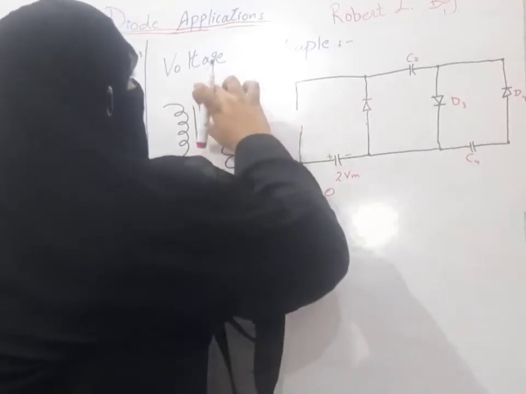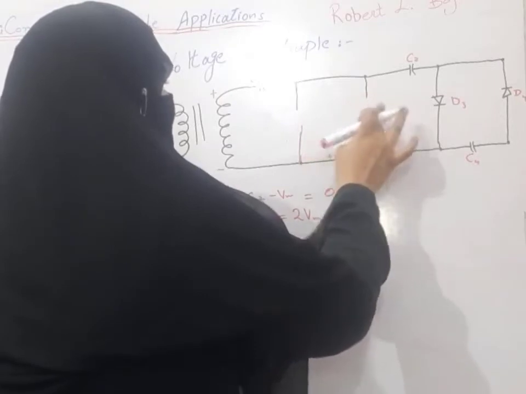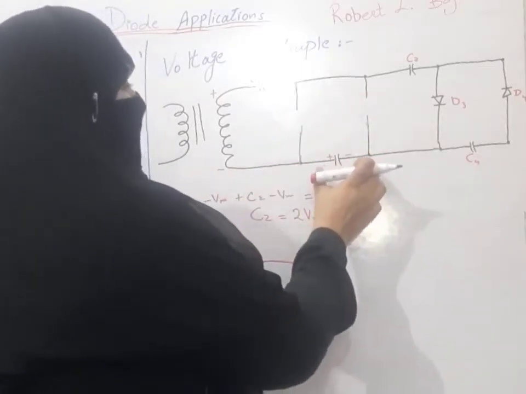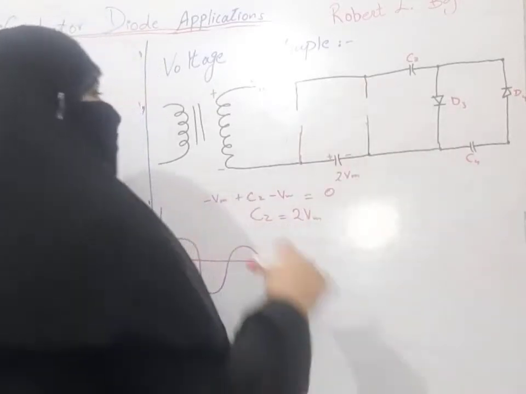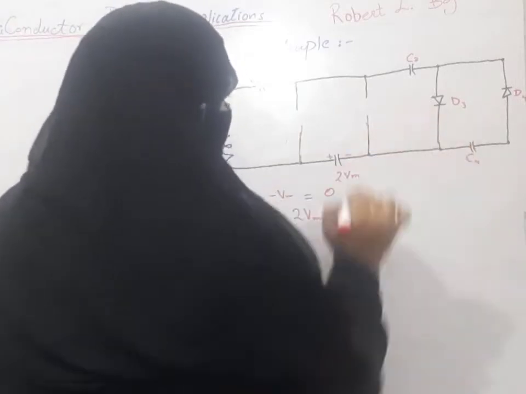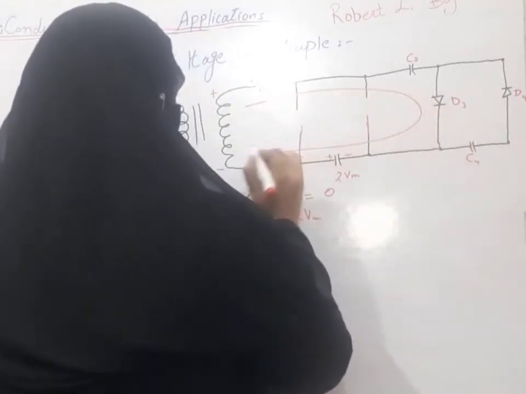Our input signal is trying to make diode D2 reverse biased, and capacitor C2 is also trying to make it reverse biased, so it will remain reverse biased. Now our diode D3 will be forward biased and our current will flow in this direction.